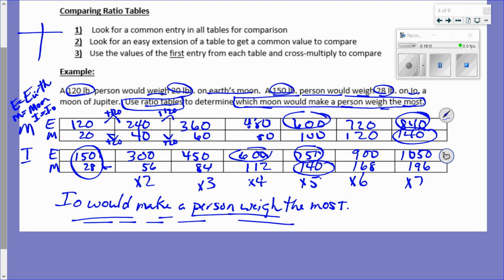The moon weight 140, right? So it's heavier than the guy on the item on 750. So it's going to be the person who weighs more on the moon than on Earth is going to weigh more on Io.